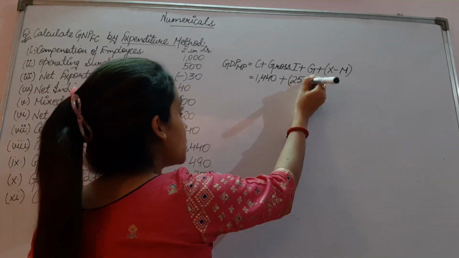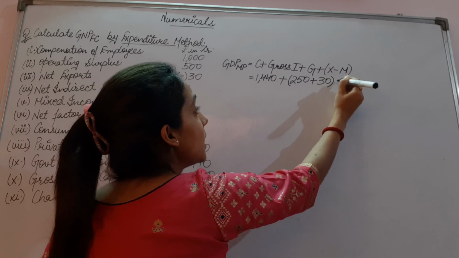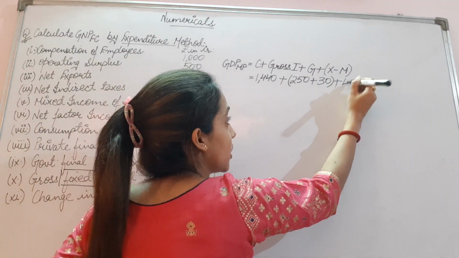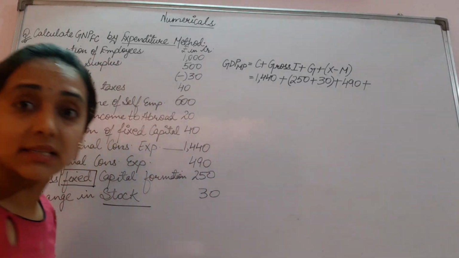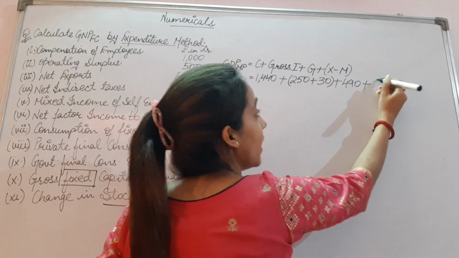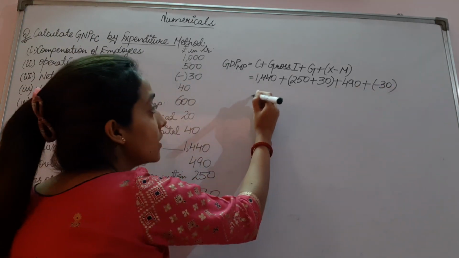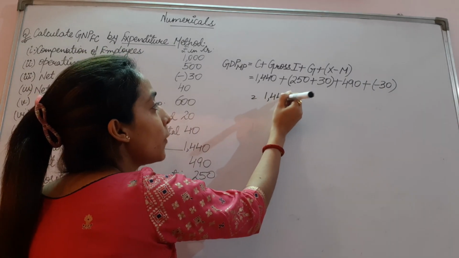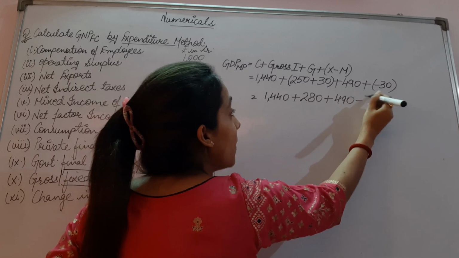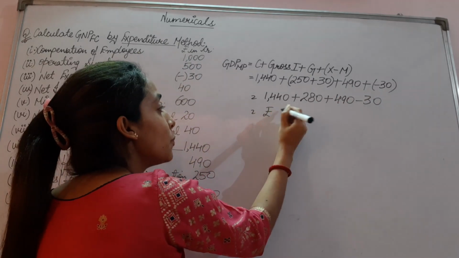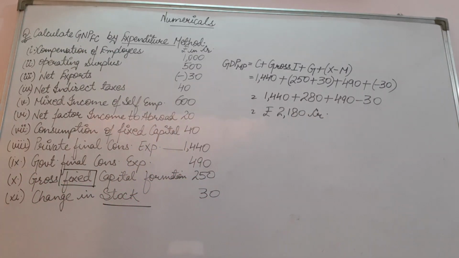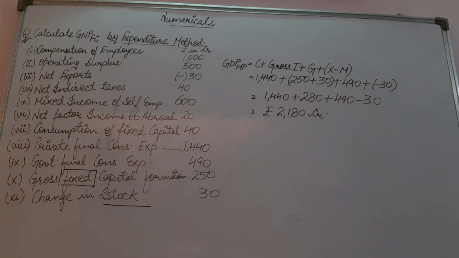So it will be 250 plus 30, plus G, government final consumption expenditure, 490, plus X minus M, net exports, given as minus 30. So 1440 plus 280 plus 490 minus 30. It will be rupees 2180 crore.